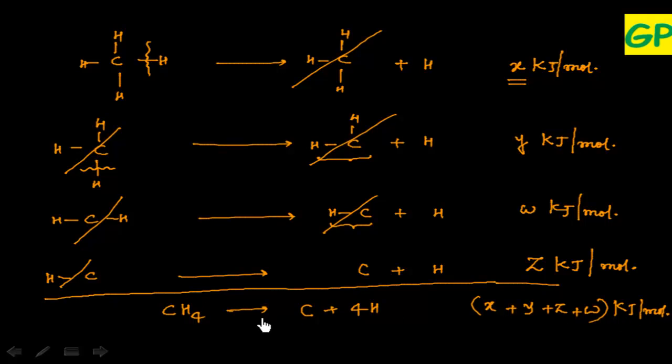If you see what we have done, we have broken 4 carbon-hydrogen bonds. Now we can define the average carbon-hydrogen bond energy. That is this divided by 4, because we have removed 4 carbon-hydrogen bonds. So we can define average bond enthalpy as the sum of the bond enthalpies divided by the number of bonds. In this case the number of bonds is 4, so (x plus y plus z plus w) divided by 4.